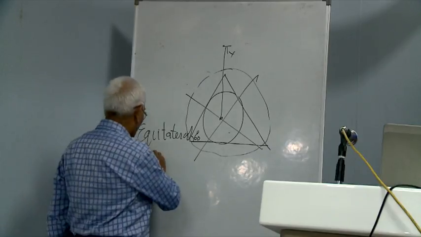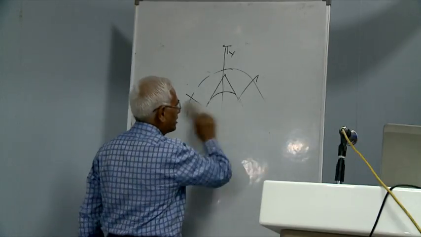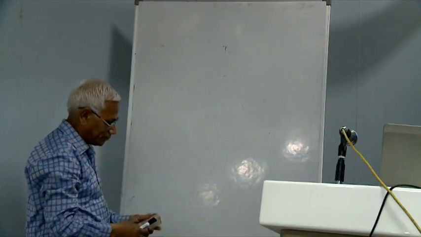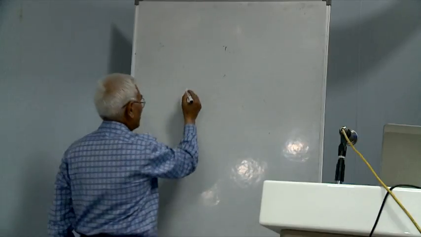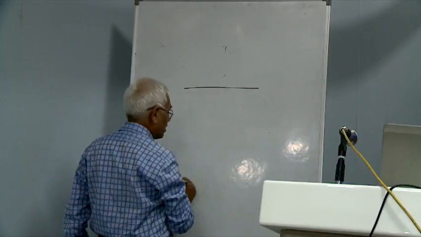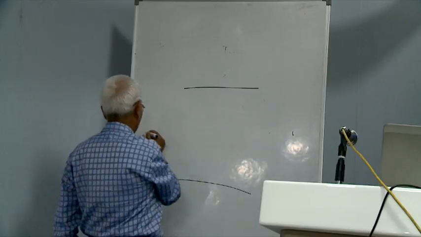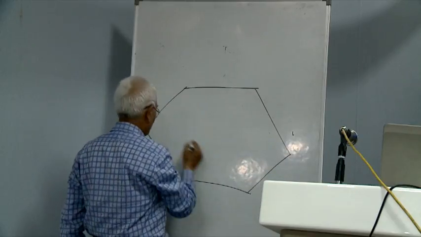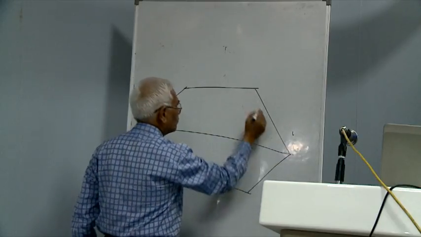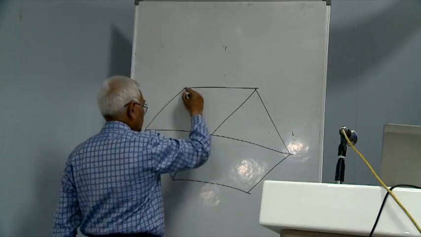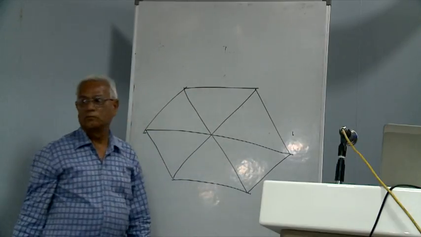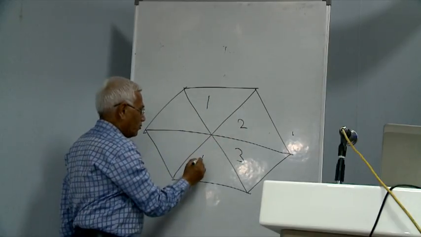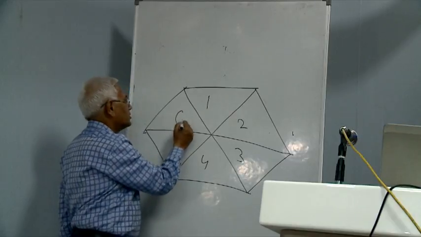Now let us try some more triangles. Instead of making one, I will make 6 triangles. One, 2, 3, 4, 5, and 6.